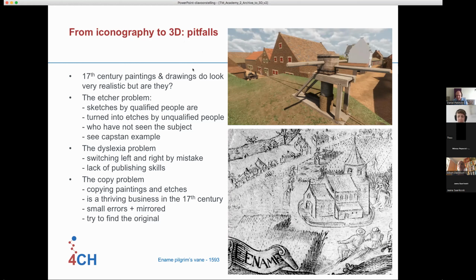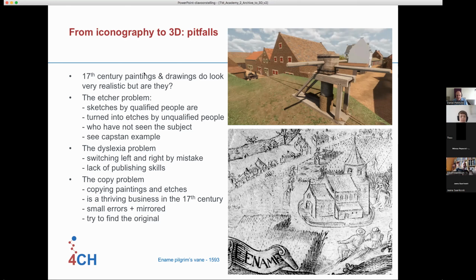Text, iconography, whatever, paintings, and how do we use them? How do we use them in making our reconstructions, in putting our research questions, in putting our hypotheses? How do you use that?